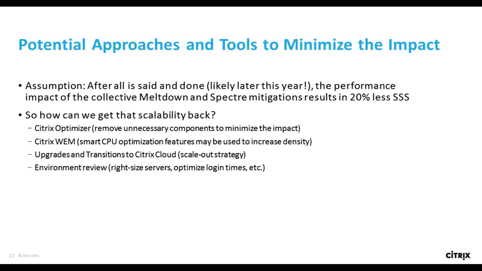Next approach that you can take is upgrade and transition, or at least start thinking about it, to Citrix Cloud or to cloud in general, because this enables the scale-out strategy. Even if in the future there is going to be something similar to Meltdown and Spectre, first of all the big cloud providers were the first ones to be patched, a long time before enterprises could catch up.